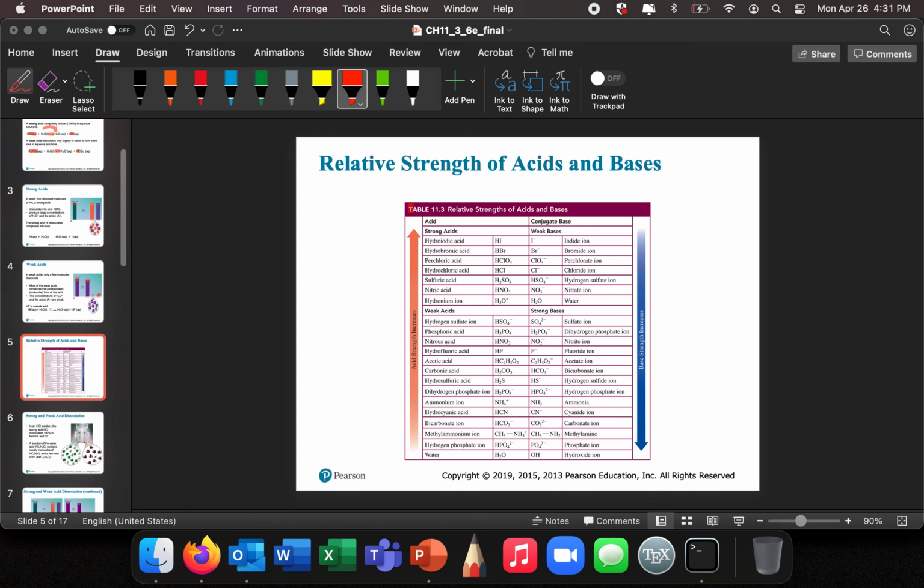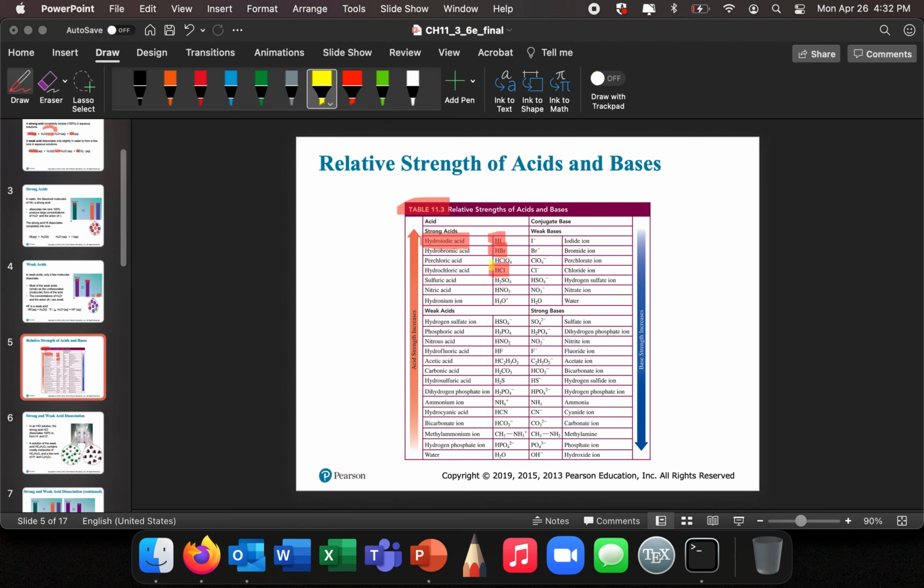So here's a nice table, Table 11.3. There's a lot of information on here, but let's just go through it. Strong acids are HI, HBr, and HCl. Those are three on the periodic table: iodine, bromine, and chlorine.